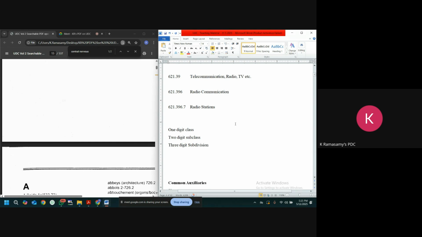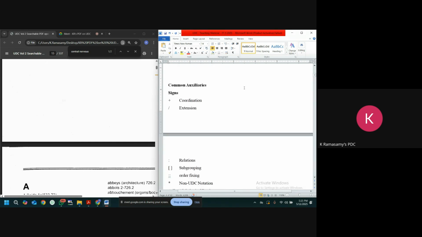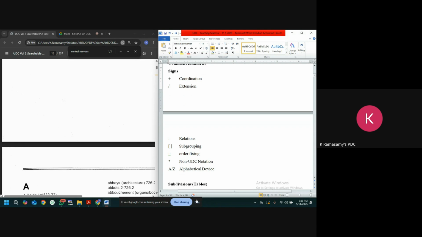As I told you, UDC has two kinds of common auxiliaries. Signs are there and tables are there. The common auxiliaries fall into two categories. The first category is called signs. That means just by using a particular sign, maybe a plus sign, a slash symbol, a colon, square brackets, a double colon or an asterisk symbol, we are going to construct numbers.